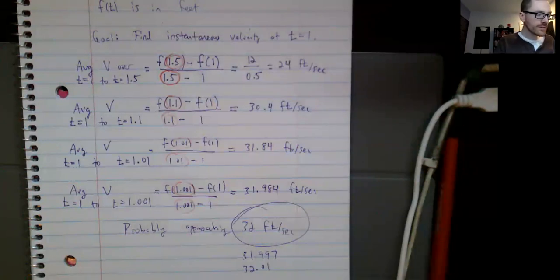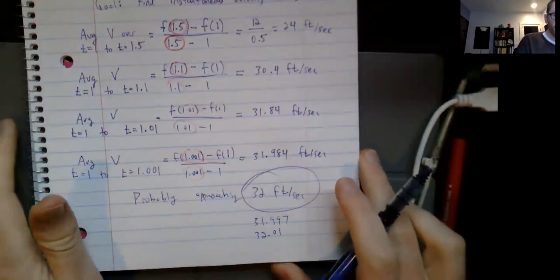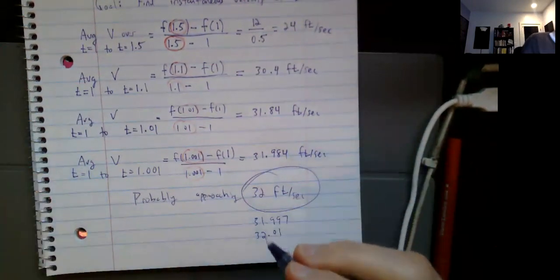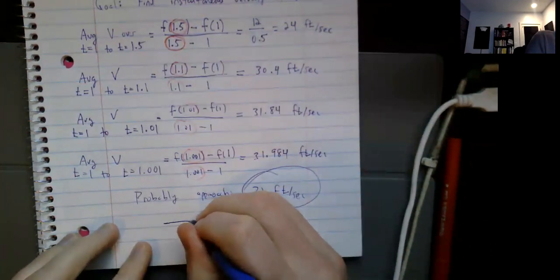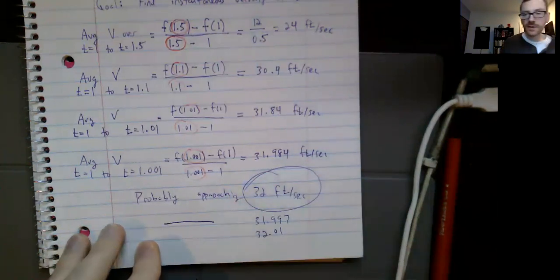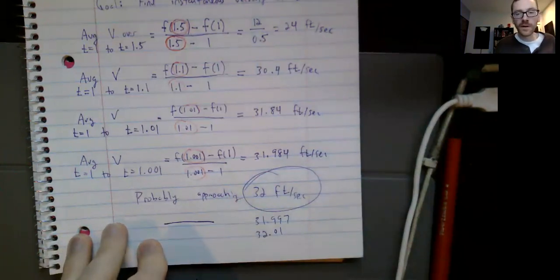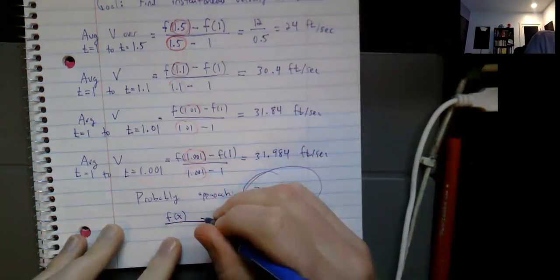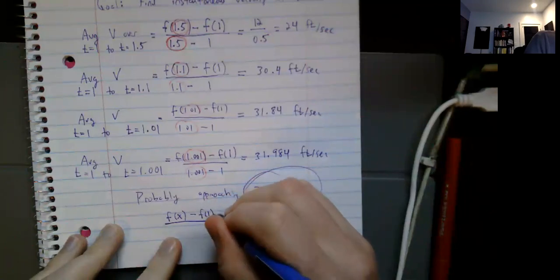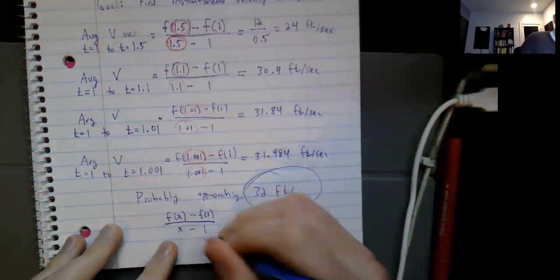Okay, so the true instantaneous velocity, let me just put it this way. Each one of these expressions can be written in the form f of x minus f of 1 over x minus 1, right?